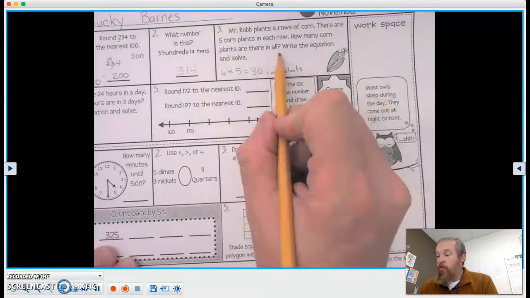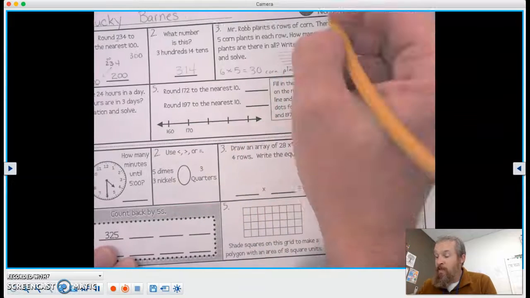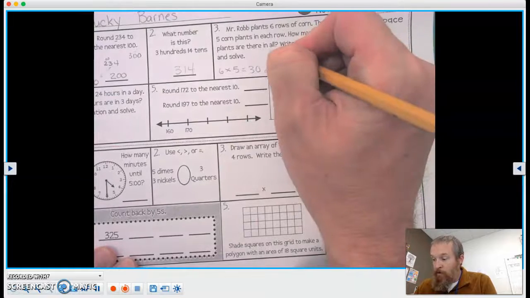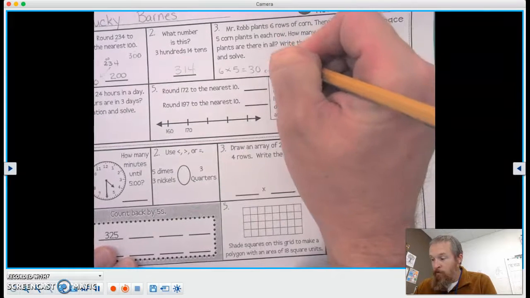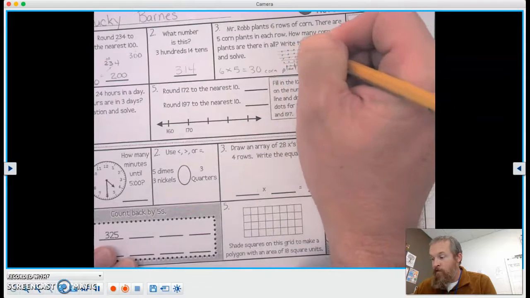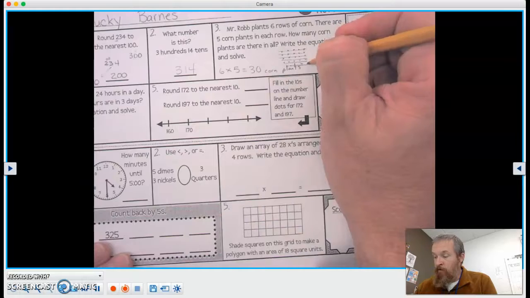So it'd be like row 1, 2, 3, 4, 5, 6, and then each one 1, 2, 3, 4, 5. So 5, 10, 15, 20, 25, 30.